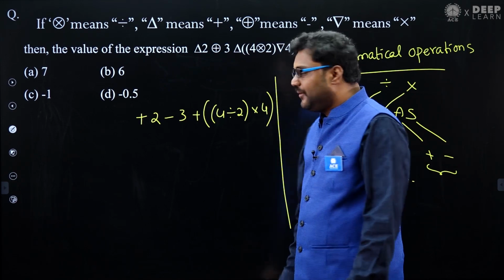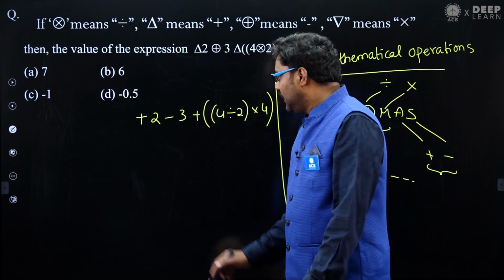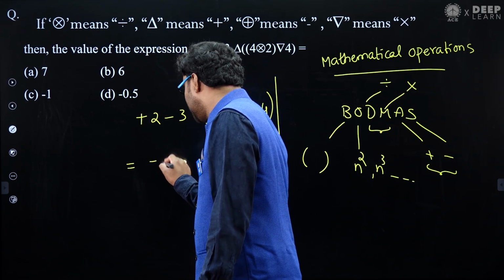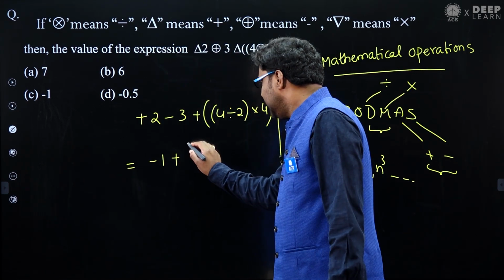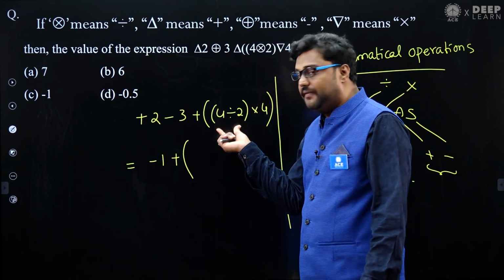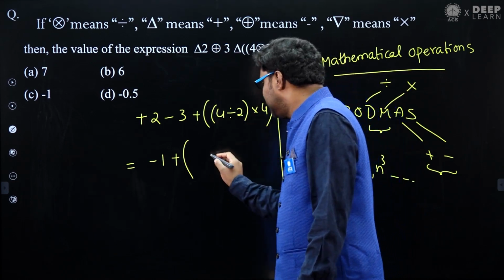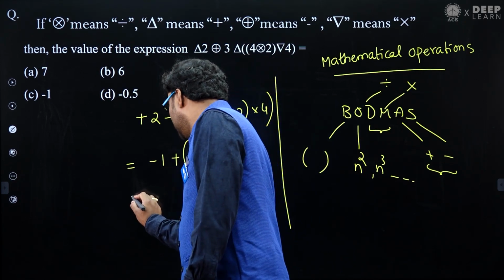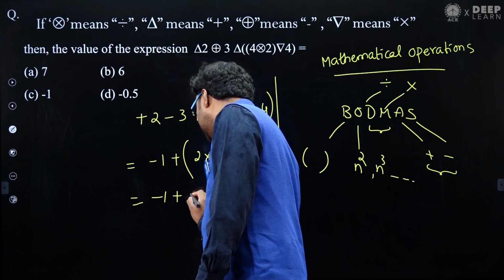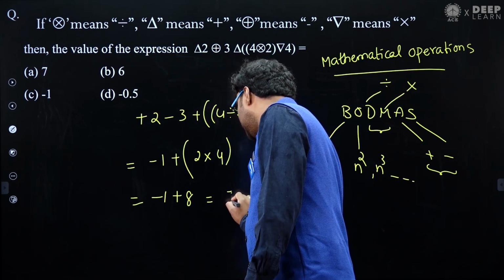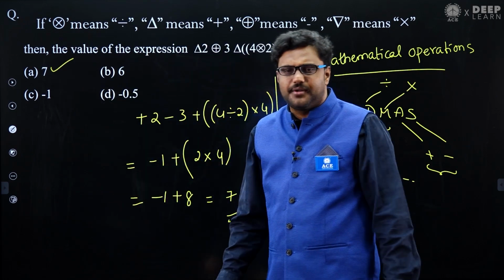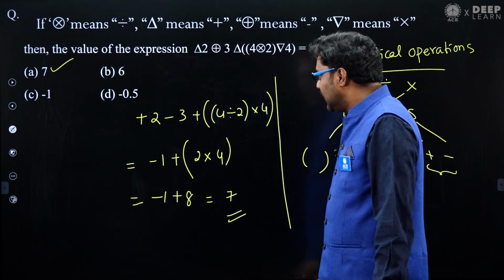As this is outside the brackets, plus 2 minus 3 means minus 1. Inside the brackets, first we perform the only division, 4 divided by 2 is 2. So then you get minus 1 plus 8, which is nothing but 7, right? So it's option A. A basic question only they gave, so option A is the correct answer.